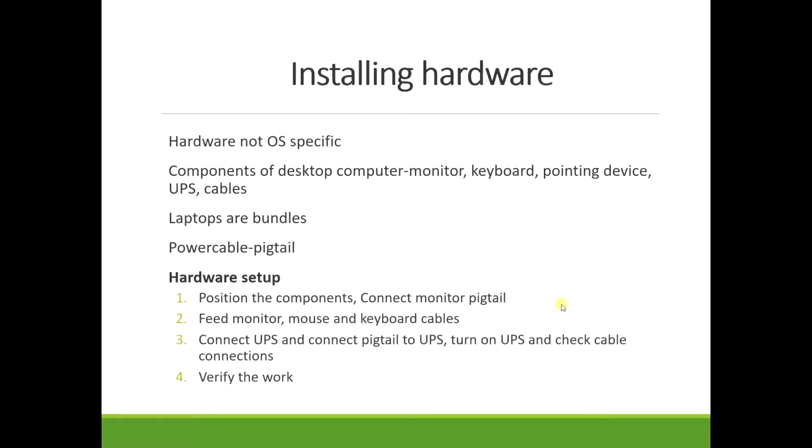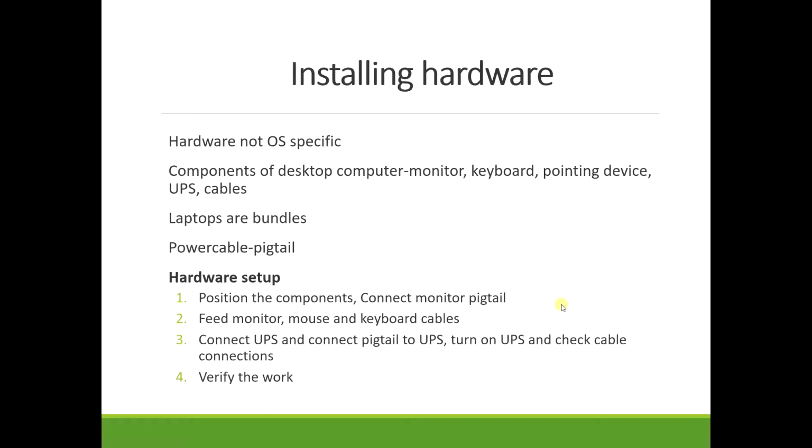Now let us look into how to perform the hardware installation. The computer hardware is generally not operating system specific, although some platforms are unable to boot certain operating systems. The basic components for desktop systems are the pedestal, meaning processor, memory and peripherals.